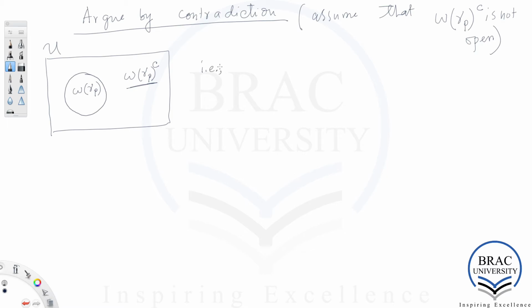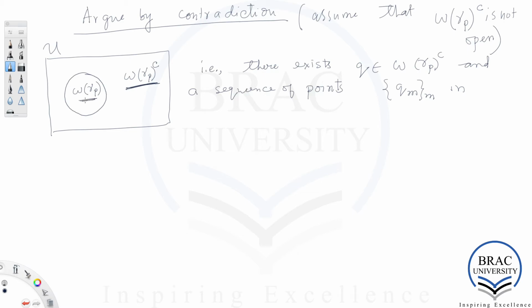So using our knowledge of analysis, it tells us that since this is not open, there exists Q here in the complement, and a sequence of points Qn here on the other side of this border, in the omega limit set, such that this converges to this point.